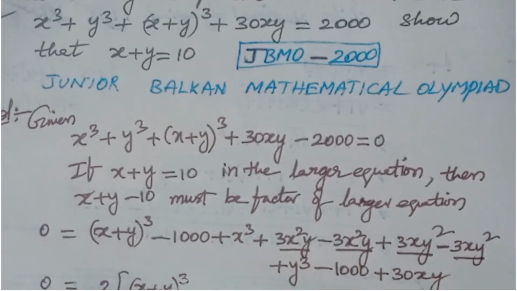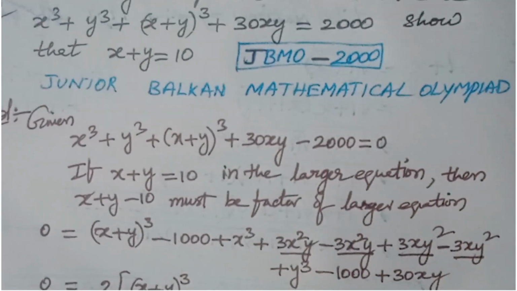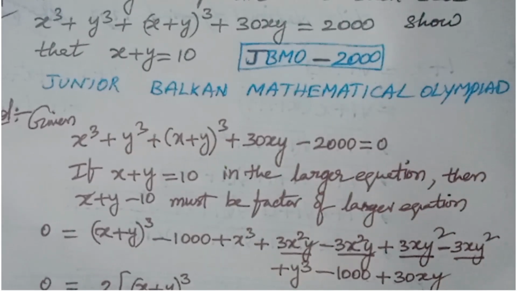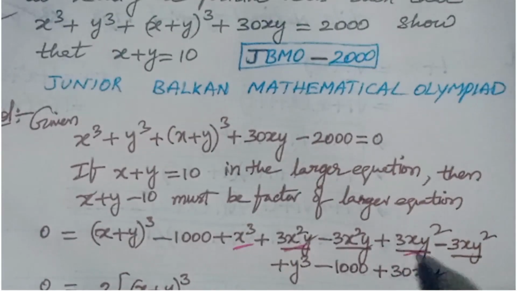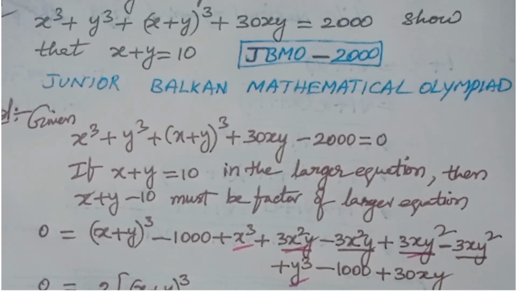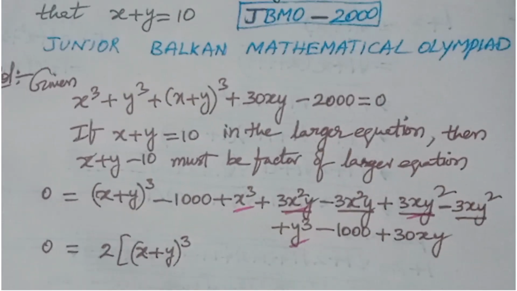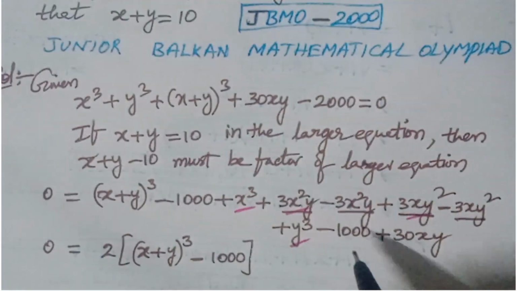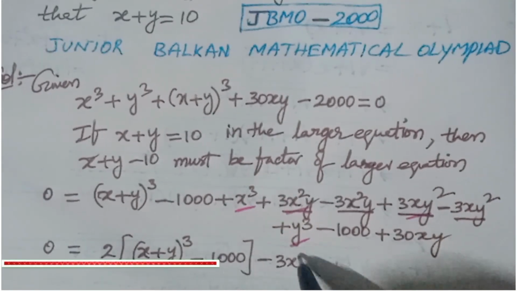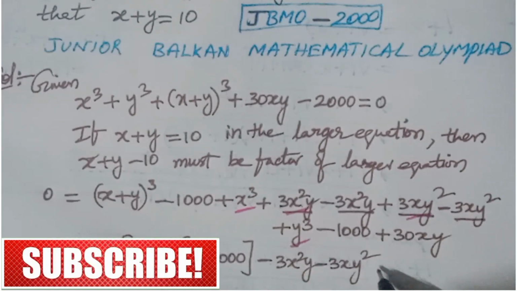If you take the second, third and fourth term, you will get (x plus y) whole cube. (x plus y) whole cube 2 times, 1000 is also 2 times, minus 1000 2 times, minus 3x square y, minus 3xy square, plus 30xy.